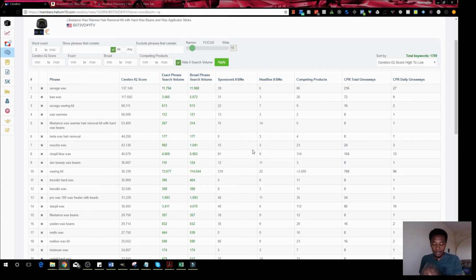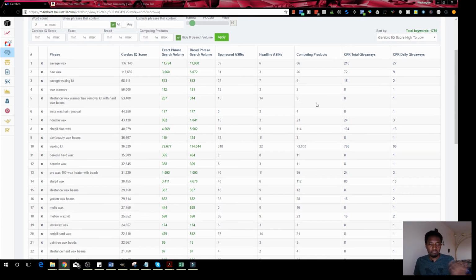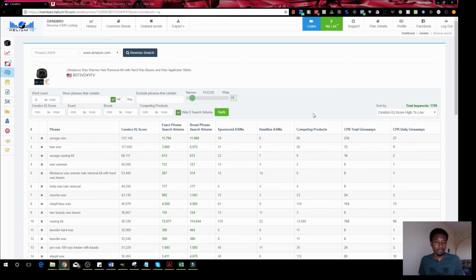And the fourth way that you can utilize this data is by using it in your launch plan, right? Very straightforward. Because when you launch a product, you have to set a budget, and you can use this data to guide you to determine where should I put my money, right?